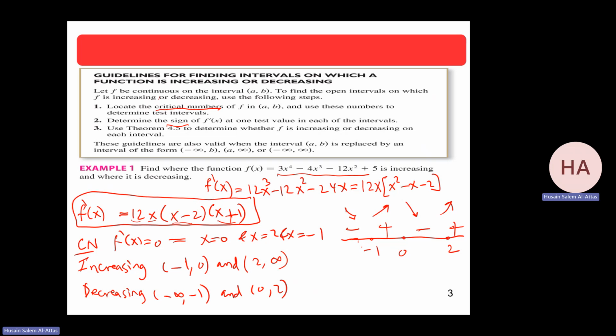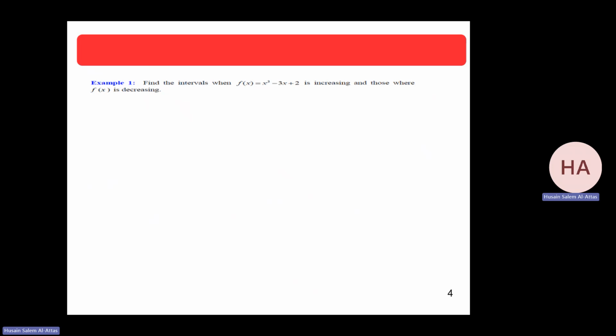So this is the basic idea. You just find f prime, find the critical numbers, split the number line. Now this is if you have a continuous function. Here's another example. Let us do it quickly.